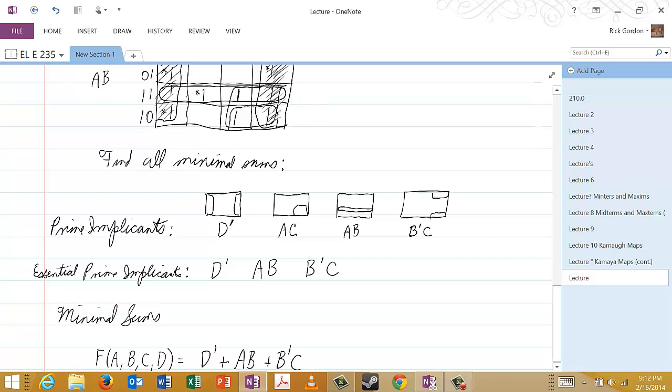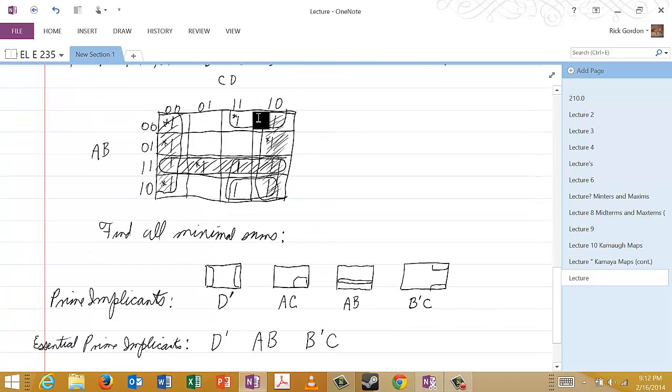So let's go ahead and shade them in. And now finally, B prime C. We look at our sketch over here, and it's these 2 cells on the bottom along with the 2 cells on the top. And so if we shade all those in, we have this.